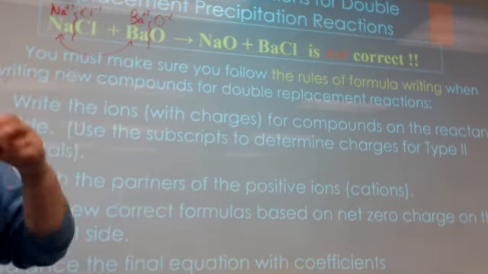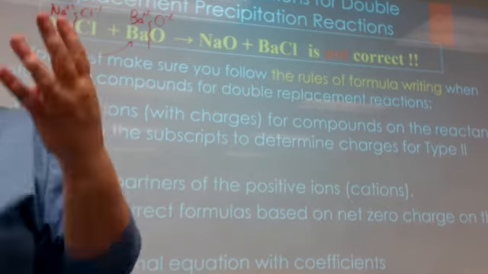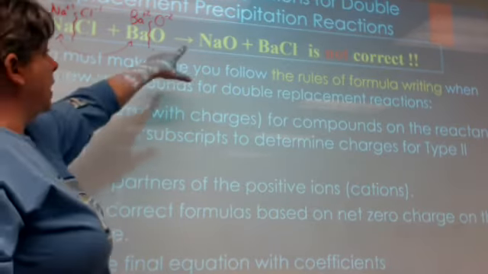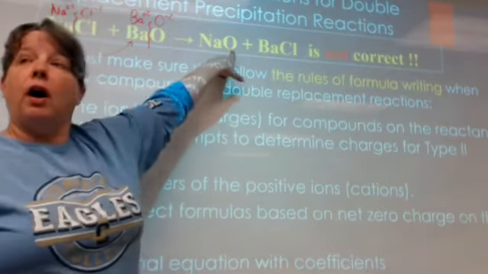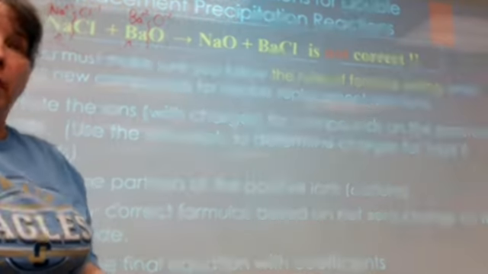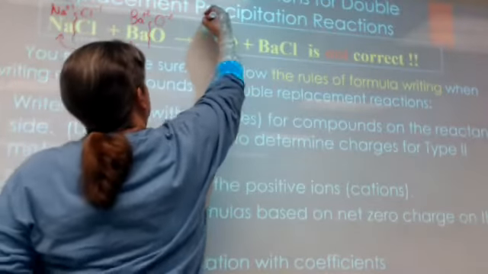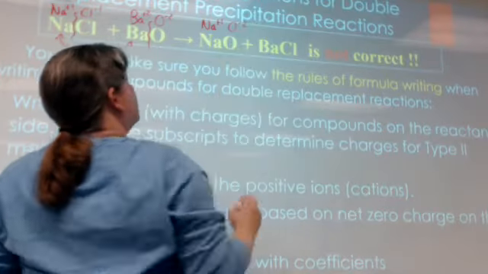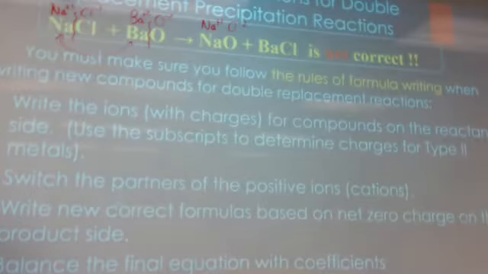But let's look at what that means when they recombine with a different ion. When sodium pairs up with oxygen, it is no longer a 1-to-1 ratio, because with sodium's +1 and oxygen's -2, they don't cancel out anymore.